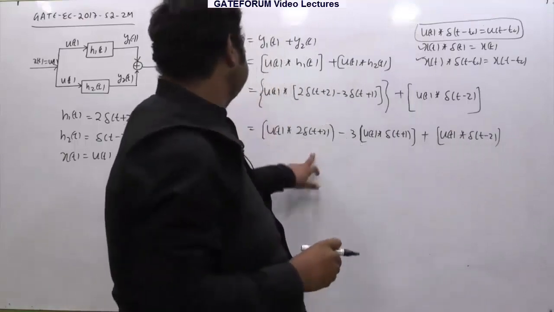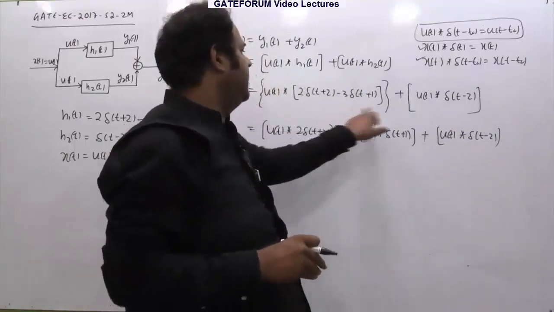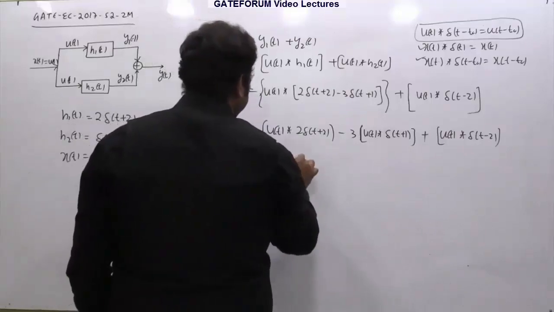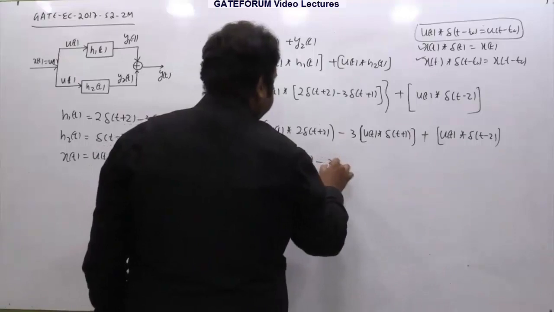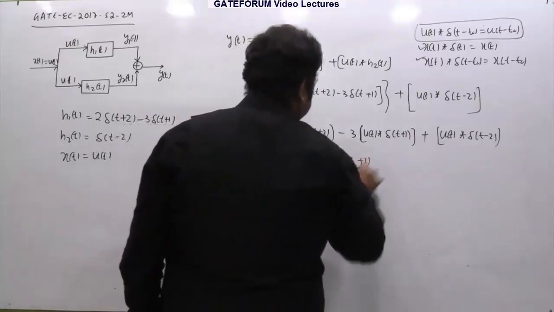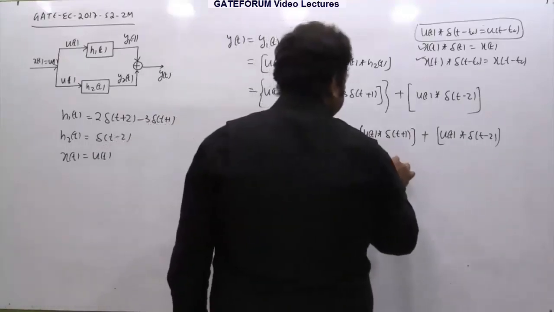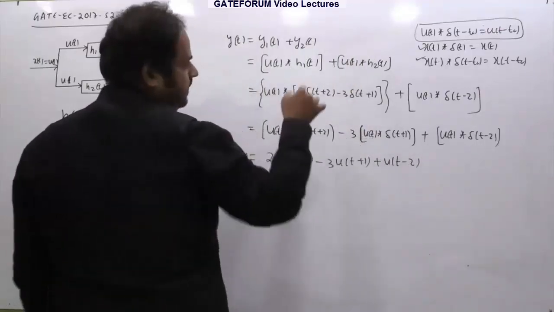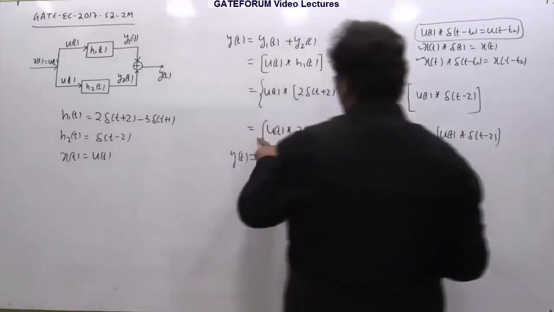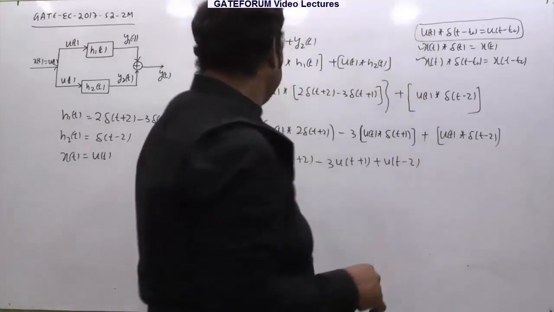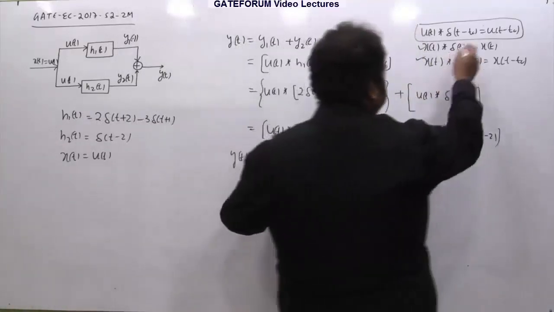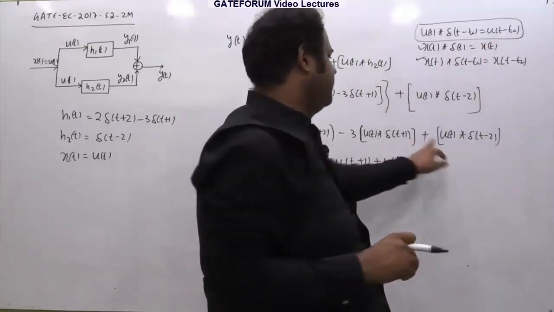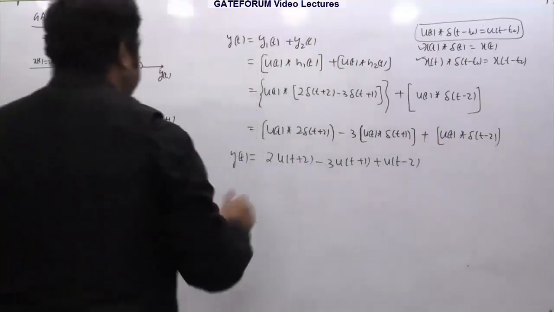So this becomes 2 u of t plus 2, minus 3 u of t plus 1, plus u of t minus 2. So this is what y of t is. Using this identity, the 2 is multiplied outside, u of t convolved with delta of t plus 2 is u of t plus 2, with delta of t plus 1 is u of t plus 1, and with delta of t minus 2 is u of t minus 2.